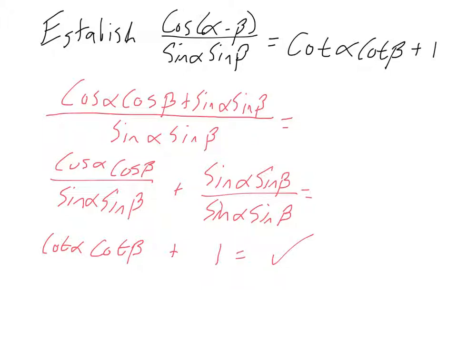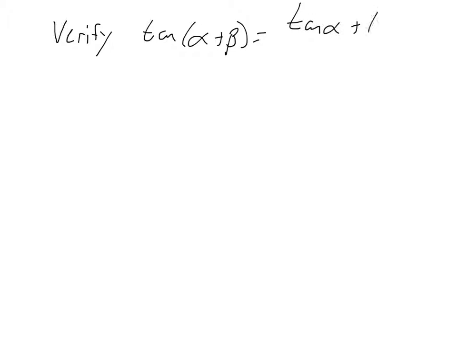Okay? Now, another one, let's just keep one of the fundamental identities that we want to know. And that is, I want you to verify that tan of alpha plus beta is equal to tan alpha plus tan beta over 1 minus tan alpha tan beta.